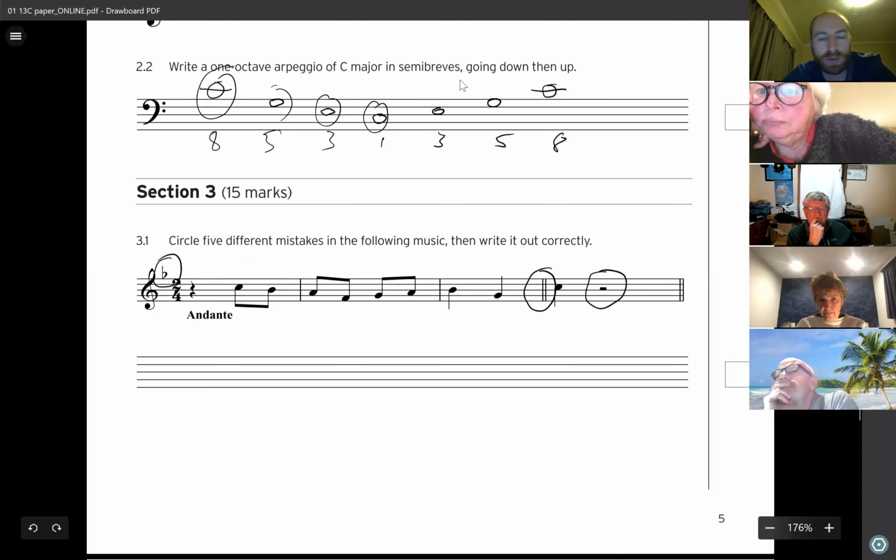If you've just got a single line of music, if you're above the middle line, you should put your stems down. If you're below the middle line, you should put your stems up. The middle line can go either way. So the stems are correct.